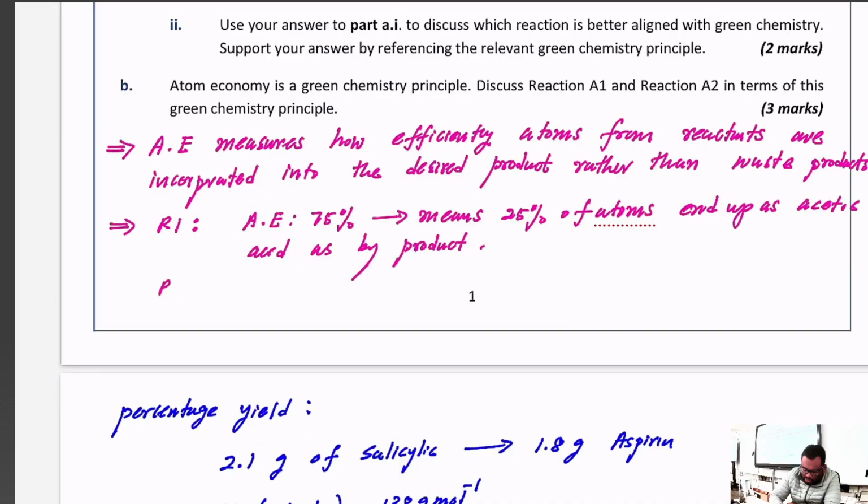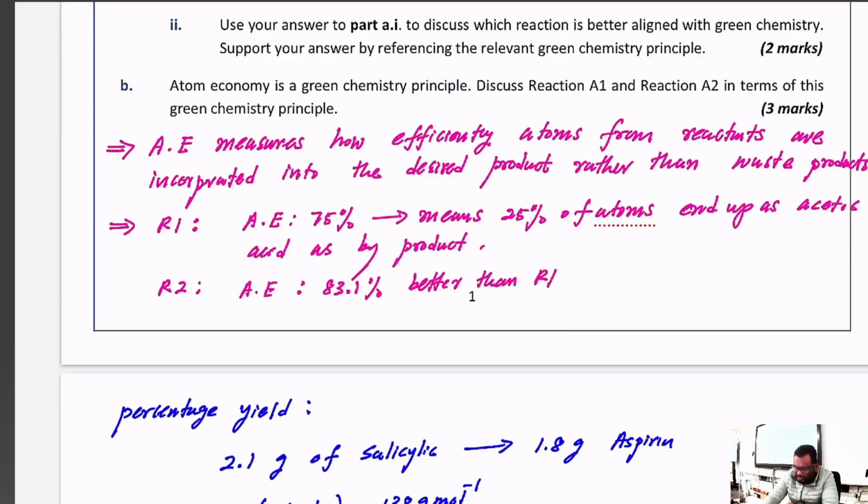If you think about R2, it has an atom economy of 83.1%, better than R1.